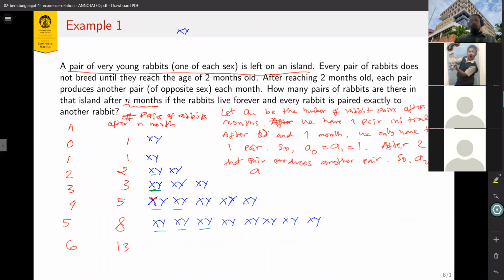Now after 3 months, you only have one pair that is at least 2 months old, right? We only have one pair.